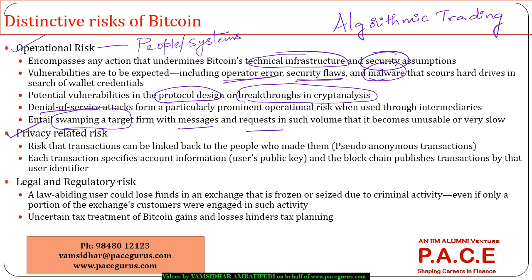Then talking about the next aspect, privacy related risks. The risk that the transactions can be linked to the people's information itself, right? The risk that it can be linked back, because these are not purely anonymous transactions. We call them as pseudo-anonymous because the user's public key is always displayed. So the transaction is not an anonymous transaction.